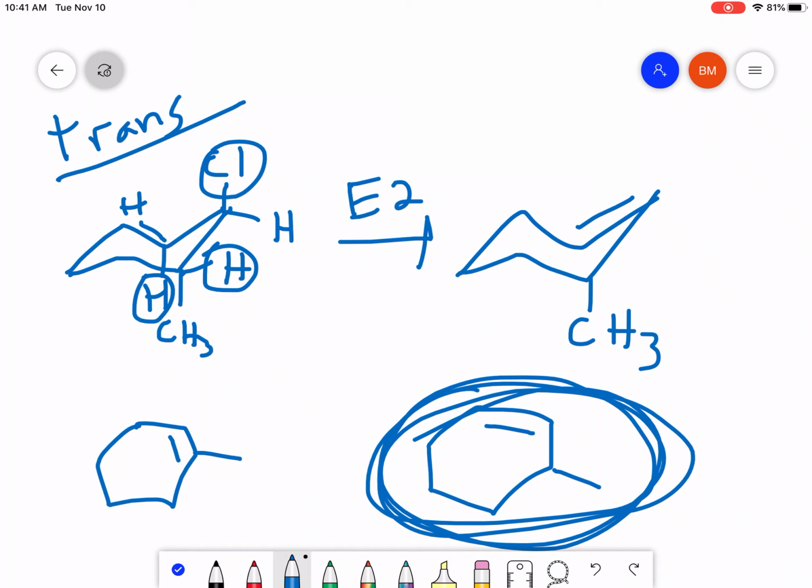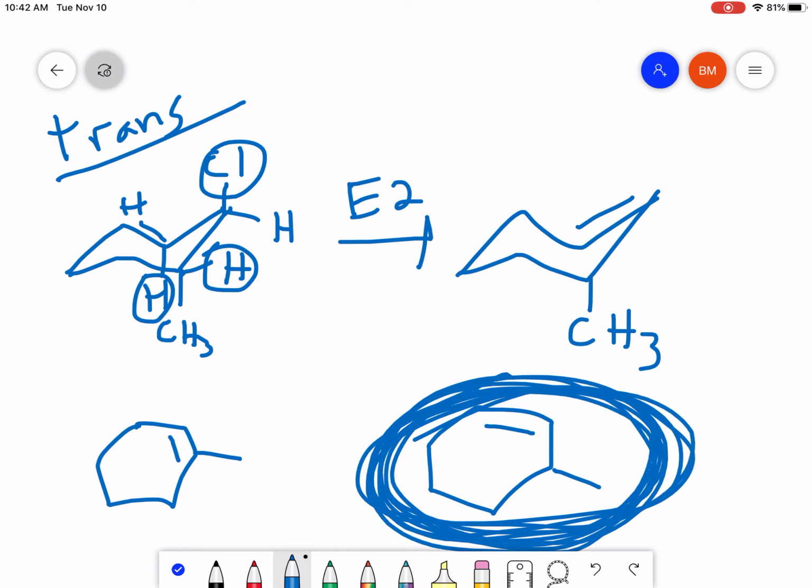So, you can infer some information about this. First of all, if you happen to isolate the cis and the trans versions of these rings before reaction, you could isolate either just one or two products, depending on which one you perform the elimination with. If you had a mixture of cis and trans and you did this reaction, you could probably make an accurate prediction that this one might be present in a little bit higher amounts, just because stereochemically it's going to be favored.